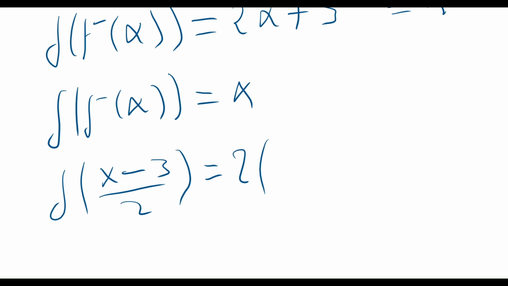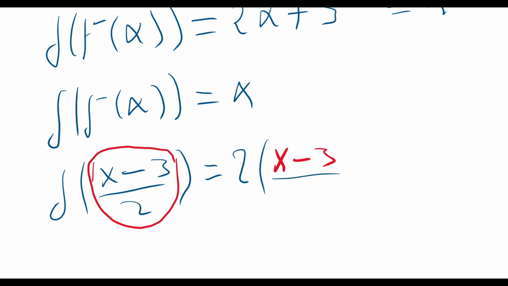Since the input here is this value, we are going to substitute that into x here. So we're going to have x minus 3 over 2, right, plus 3.